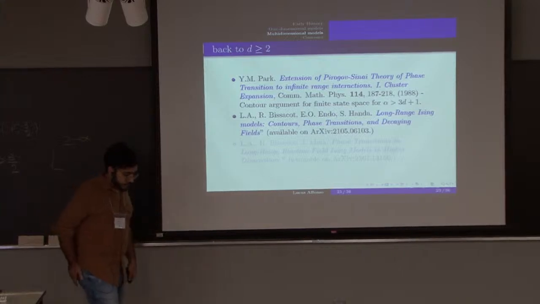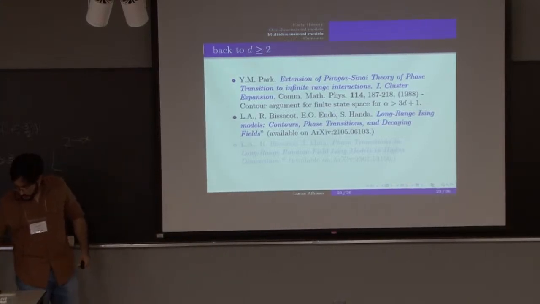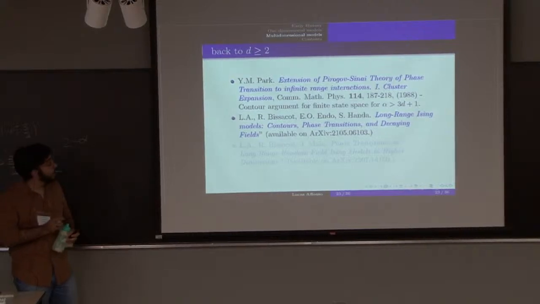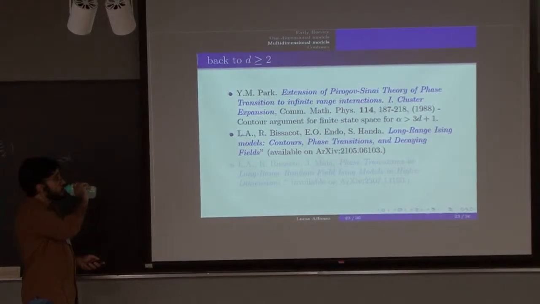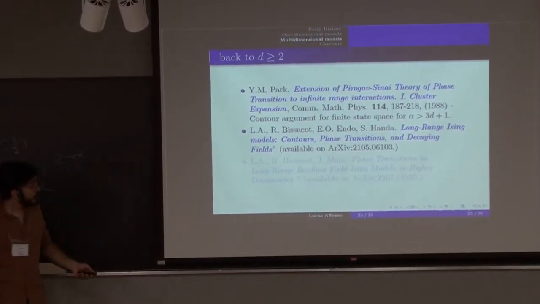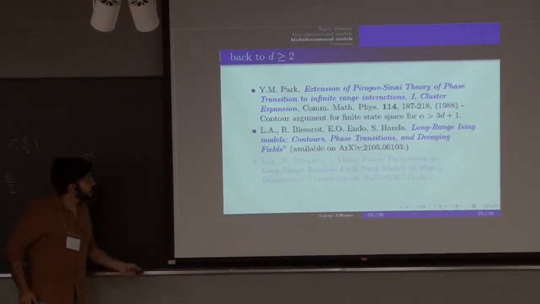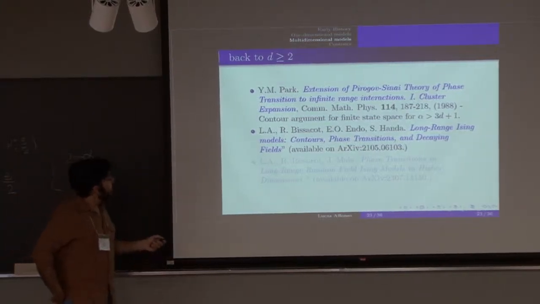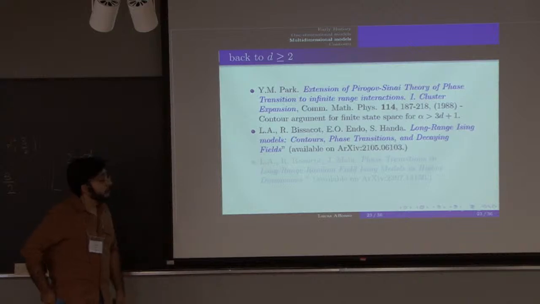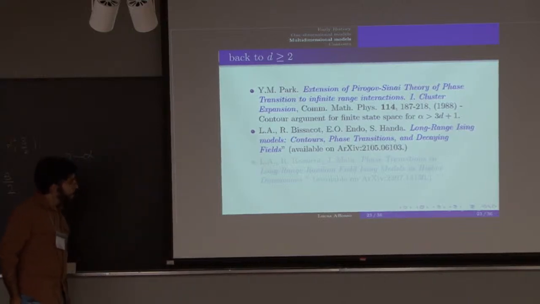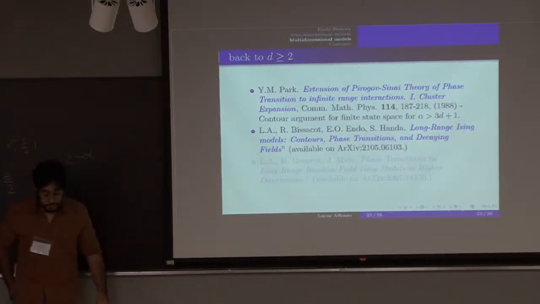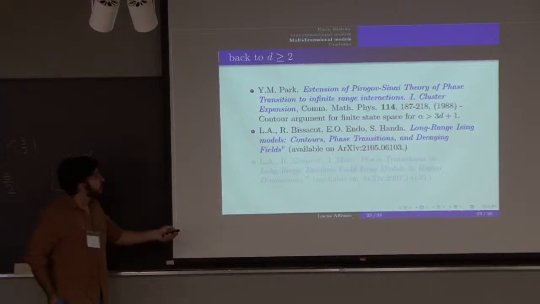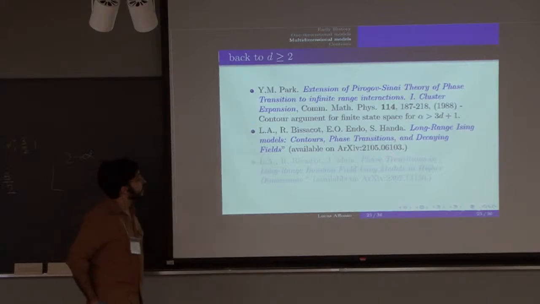And then, regarding the contour argument, we have this paper by myself, Sako, Eric Endo, and Satoshi Handa, where we studied the long-range model with a decaying field. The thing about the decaying field is that you cannot use correlation inequalities to conclude phase transition in this model. You should have a Peierls argument.